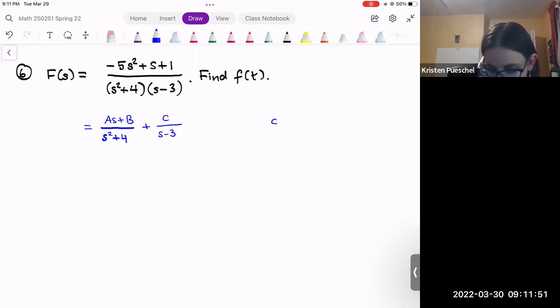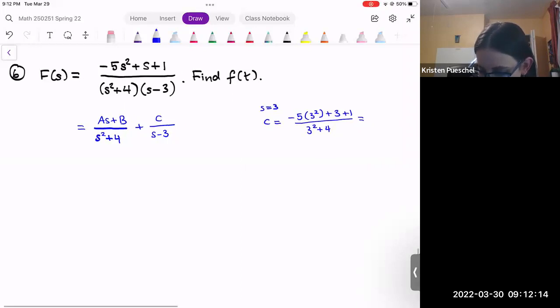So to find c, we're going to be letting s equal to 3. Okay, and so we're going to be calculating -5 times 3 squared plus 3 plus 1 over 3 squared plus 4. Okay, so multiplying this out, we have 9 times -5 or -45 plus 4 all over 9 plus 4.